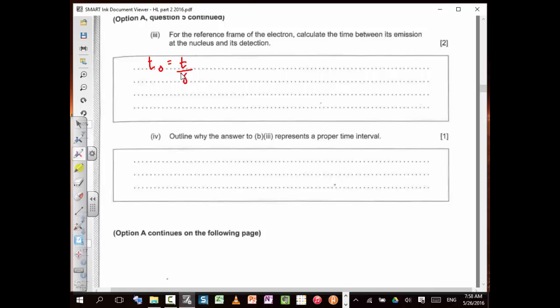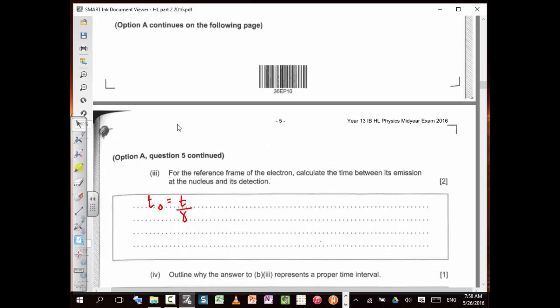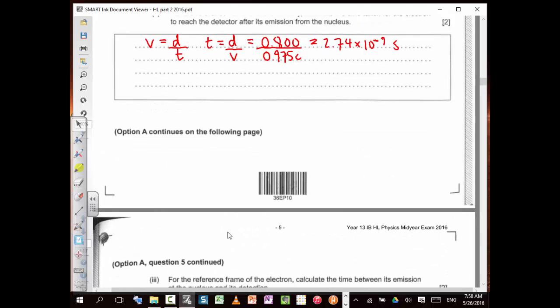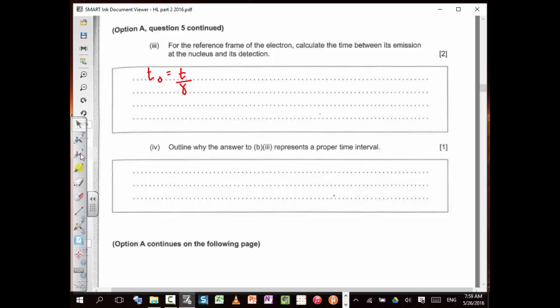Then we can use the time that we calculated in the previous question, 2.74 times 10 to the negative 9. So we get 2.74 times 10 to the negative 9 divided by 4.5, which turns out to be 6.08 times 10 to the negative 9.